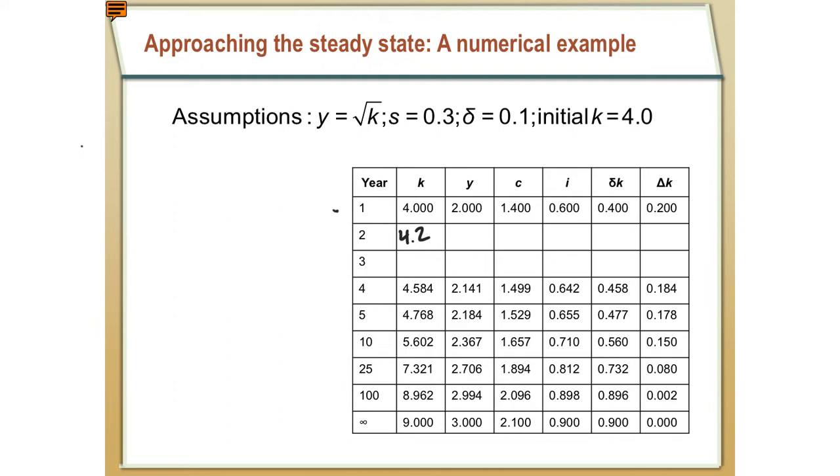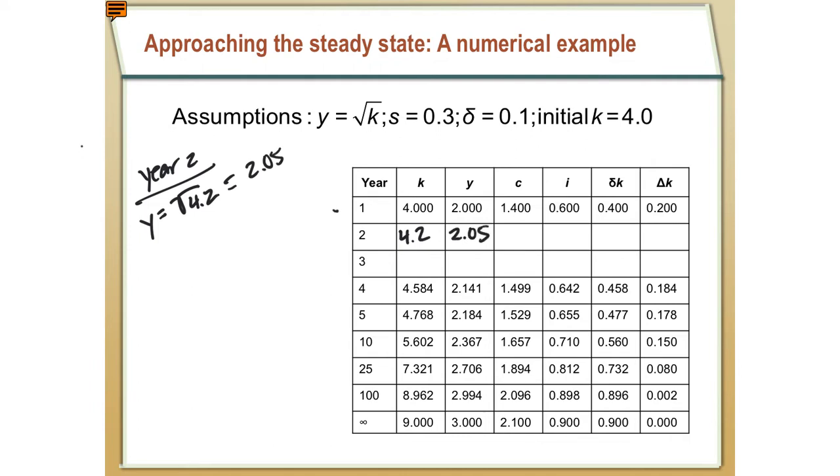Now the Y, I'll do a few calculations off to the side. Year 2, Y is going to be equal to the square root of 4.2, which is about 2.05. So we can plug that in here.